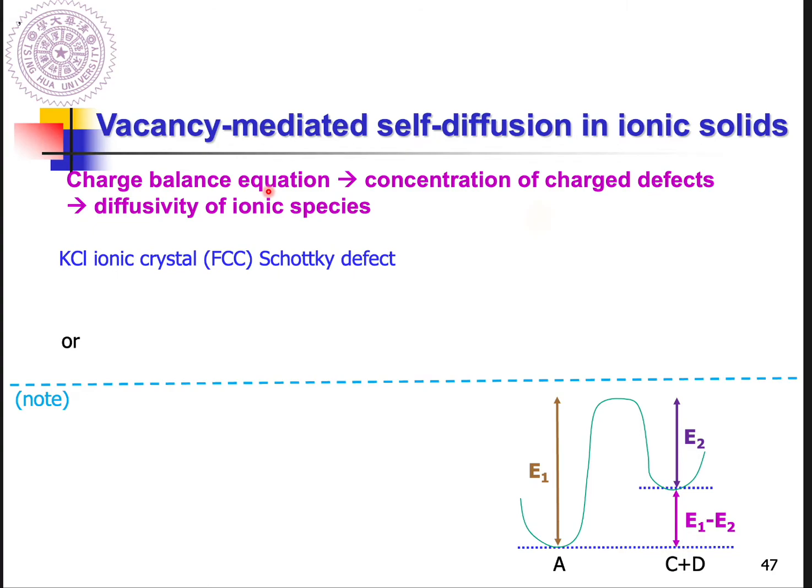First of all, we talk about the potassium chloride with an FCC structure, and let a Schottky defect happen in this potassium chloride. In order to get the self-diffusivity for potassium ions or chloride ions, don't forget, it's a quick review: the self-diffusivity for specific ions or atoms is proportional to the atomic fraction of the vacancy, the diffusivity of the vacancy, and also the correlation factor f.